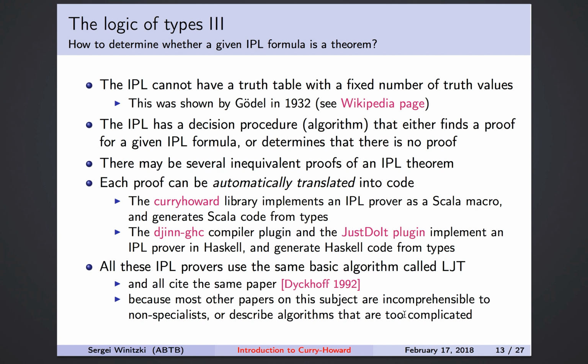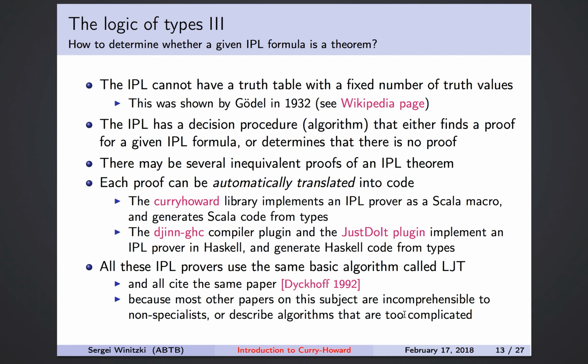Instead, however, it turns out that this logic has a decision procedure or an algorithm, and this algorithm is guaranteed either to find a proof for any given formula of the intuitionistic logic, or to determine that there is no proof for that formula. The algorithm can also find several inequivalent proofs if there is a theorem.